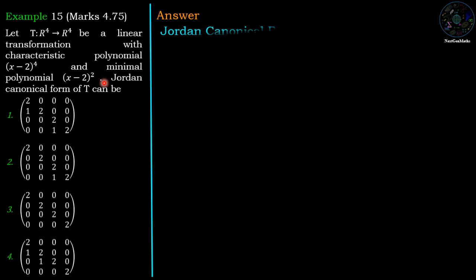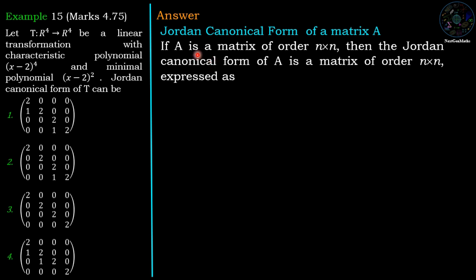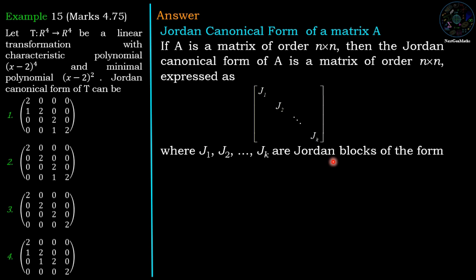So first we recall the Jordan canonical form of any matrix A. If A is a matrix of order n × n, then the Jordan canonical form of A is also of order n × n, and it can be expressed in the form of J1, J2, ..., Jk, where J1, J2, ..., Jk are called the Jordan blocks.